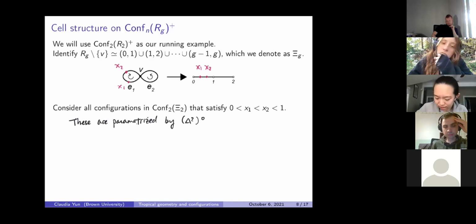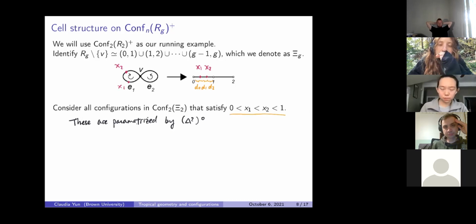The reason is that giving a configuration that satisfies this condition is the same as giving 3 positive numbers, D0, D1, and D2, so that they add up to 1. On the rose, the 3 distances are here.